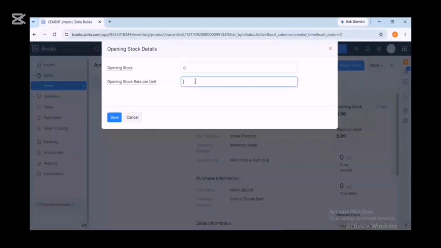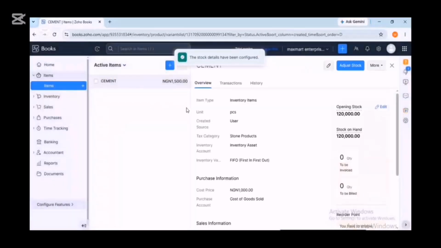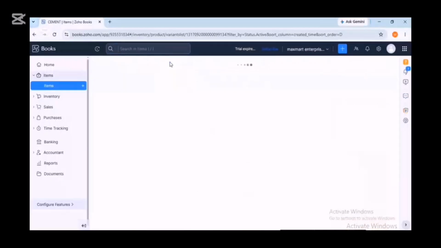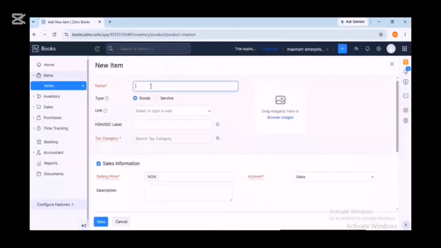So the rate per unit 1,000. So we have this amount. All right. So next, let's input another inventory, the paint.